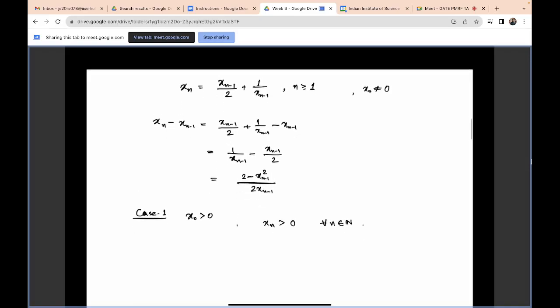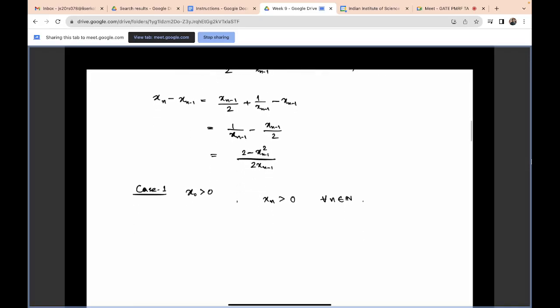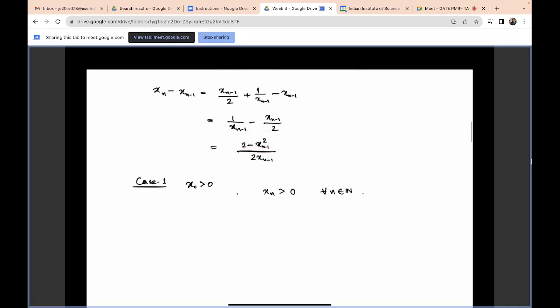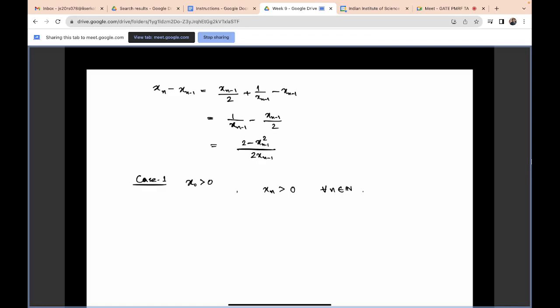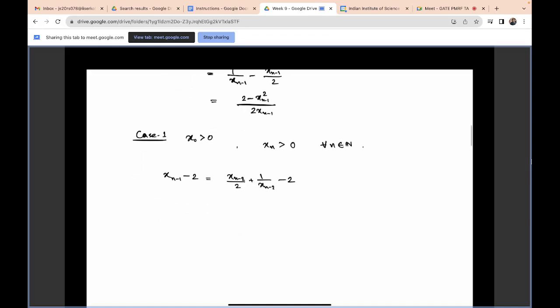So we get that this is a positive sequence, and now I have to check what will happen to this numerator. So basically we have to check x_{n-1} minus root 2. Let's check what x_{n-1} minus 2 is. By definition, this is x_{n-2}/2 + 1/x_{n-2} minus 2.